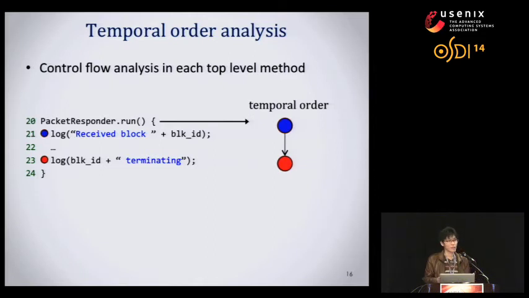So if in a real log, we see that a terminating log message is printed before the receiving block log message, we will know that this is not a possible log message sequence printed by one request, and we can attribute them to 2 different requests, even if they have the same request identifier.